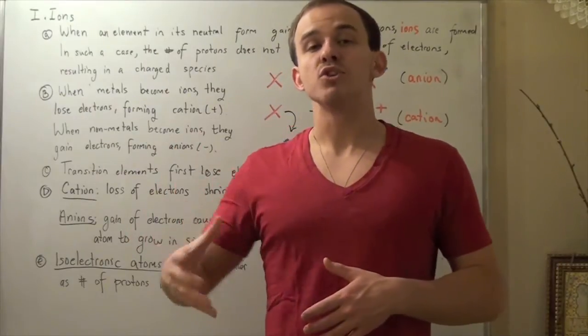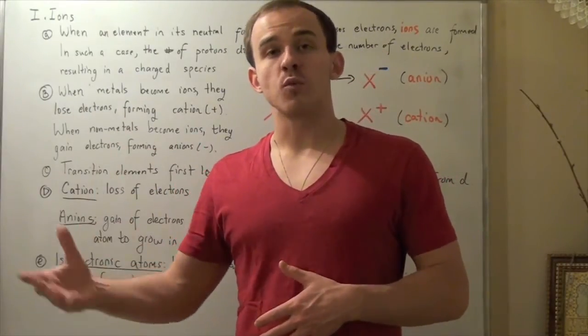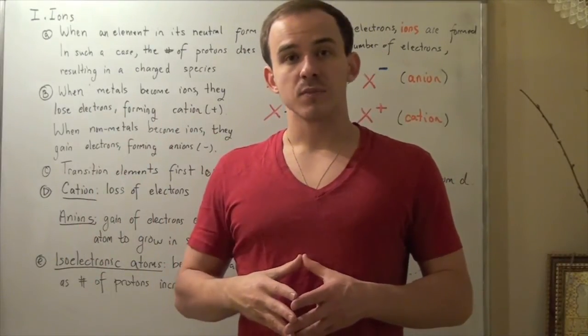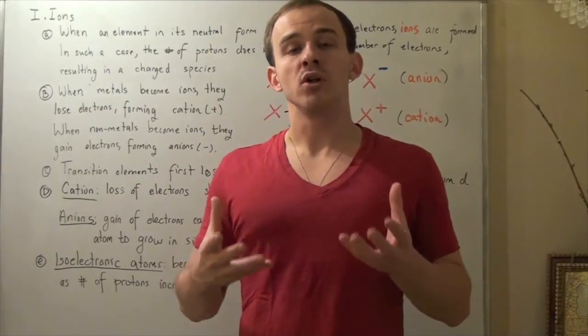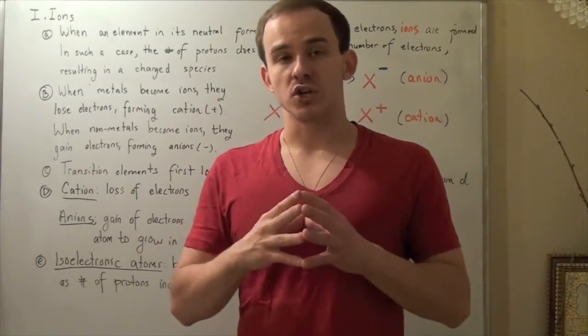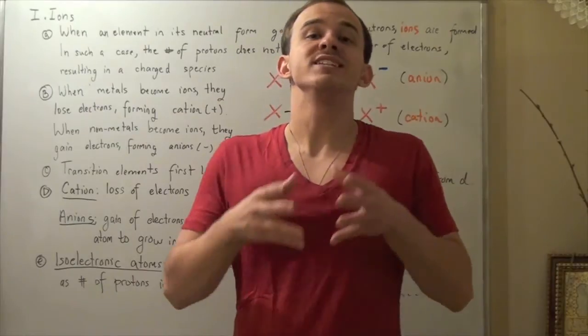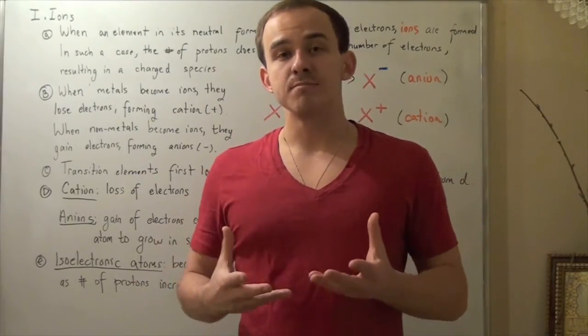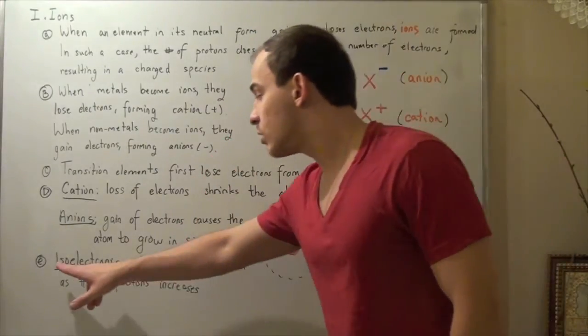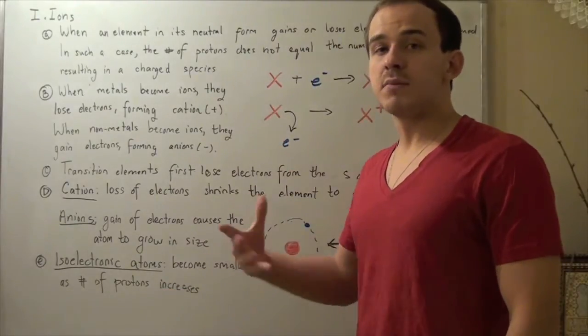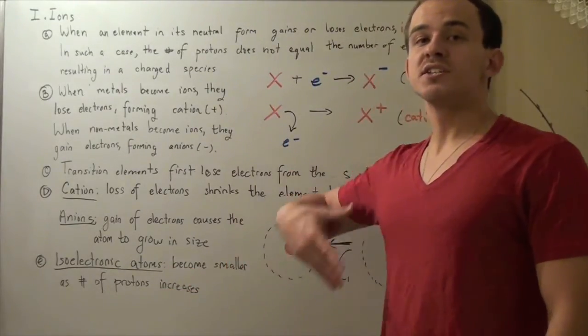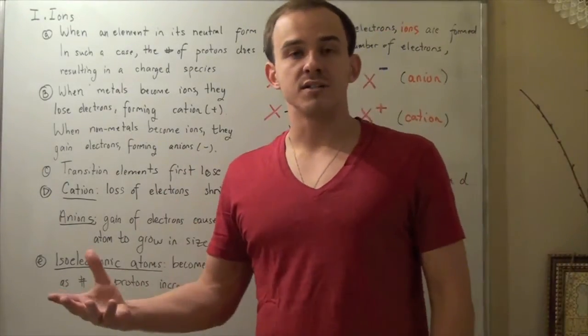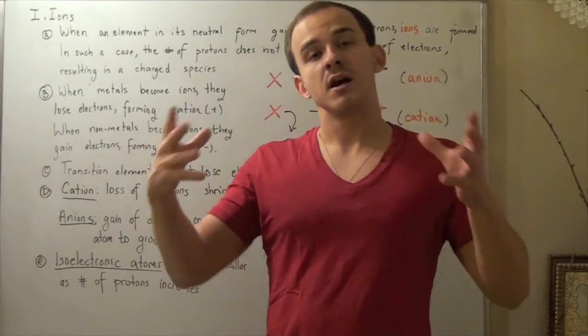Well, for the atom with more positive charge, with the 11 protons, the nucleus will be able to pull the electrons closer than in the other atom that has only 10 protons. That means when we're talking about isoelectronic atoms that have the same number of electrons, when there's an increase in the number of protons, our atom tends to become smaller.